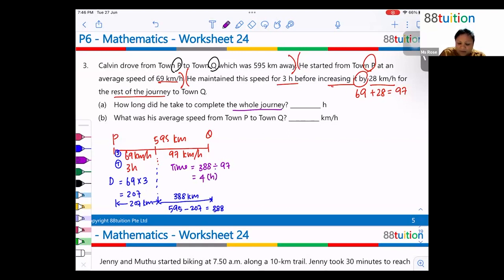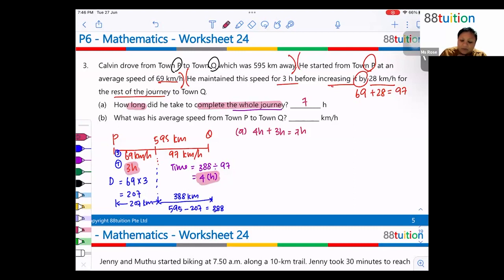So this is in hours. So how long did he take to complete the whole journey? You have first part 3 hours, second part 4 hours. So total time taken will be 7 hours. So 7 hours to complete the whole journey.